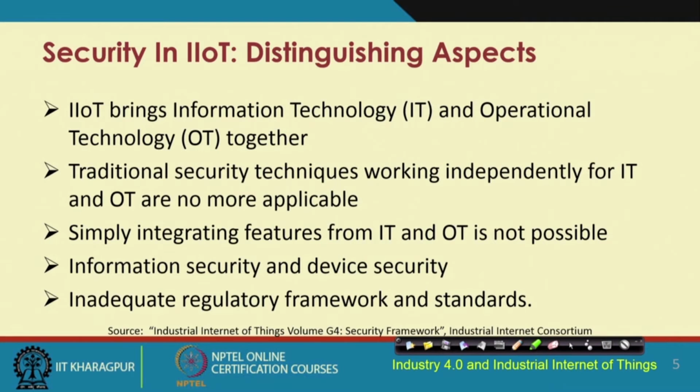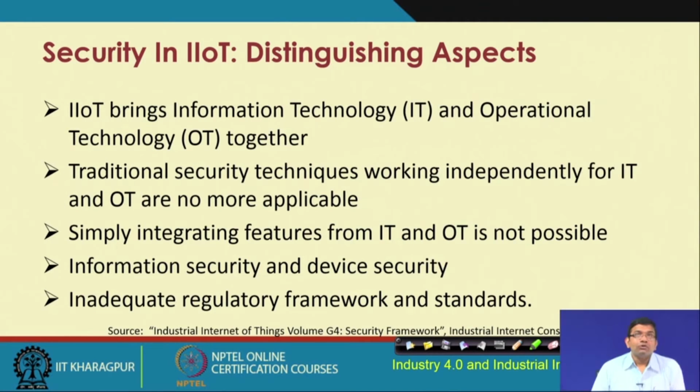Traditional security techniques working independently for IT and independently for OT in the traditional manufacturing plants are no longer applicable. We are not talking about independent operation of IT, nor independent operation of OT. It is an environment where IT and OT work hand in hand, and that is where we have to consider the features and requirements of both IT and OT, and come up with security mechanisms for that converged set of requirements.